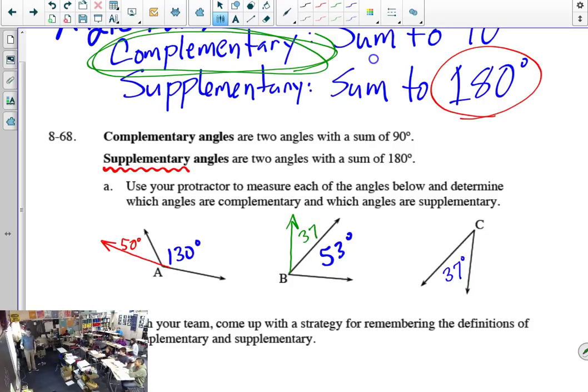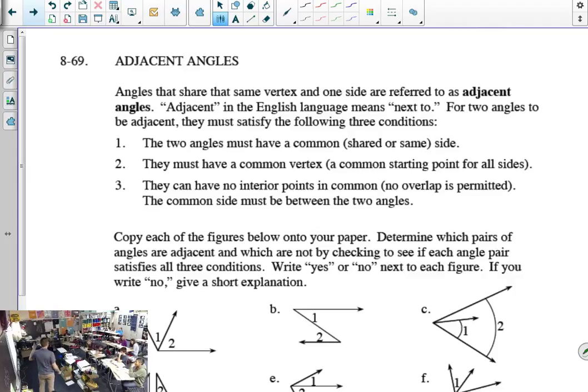Oh, wait a minute. B and C are a complementary pair. Because with C, you just need to add 53. Now, complementary pairs do not have to be right against each other, right next door to each other. They can be separated. However, if they are right next to each other, this is what we call adjacent.